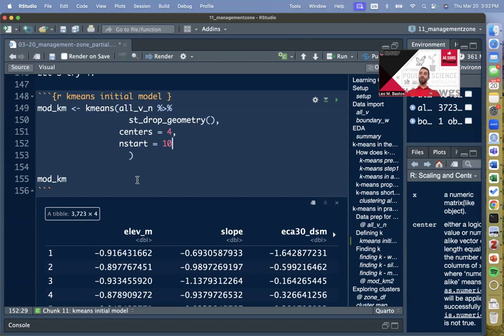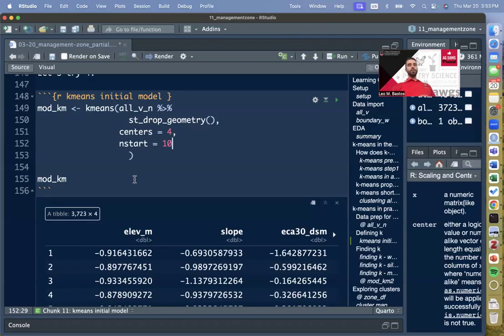If by random chance the selection of those 4 observations skews your distribution in some way, and it becomes difficult for the algorithm to navigate the data space and find the actual final centers, and you just ran it once, maybe your answer is going to be different compared to if you ran the algorithm another time.